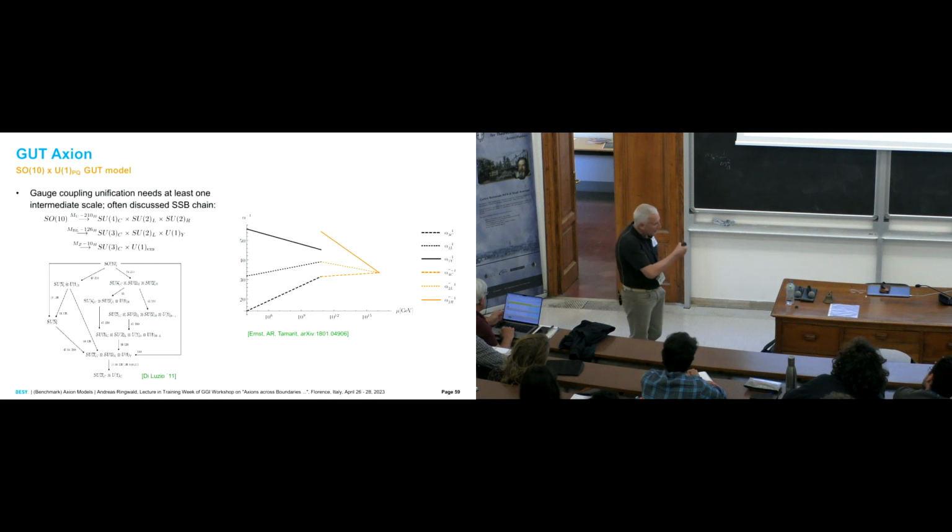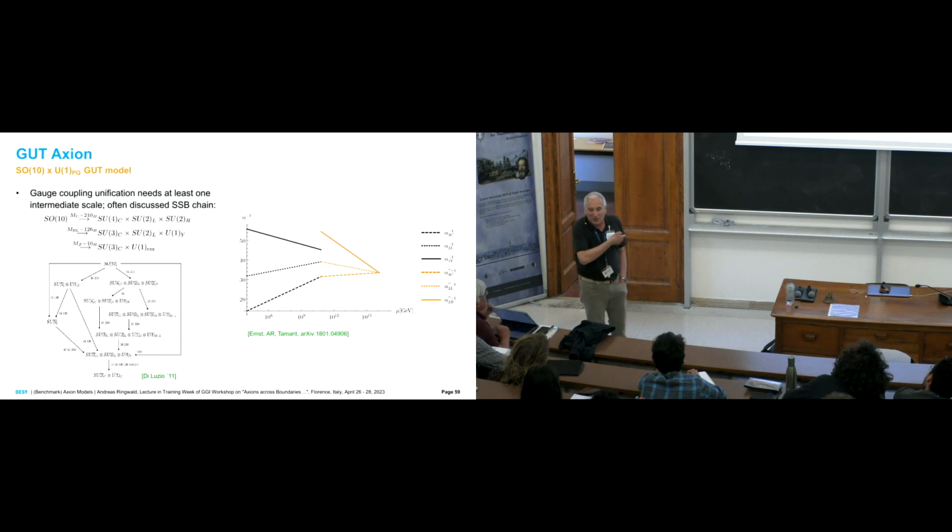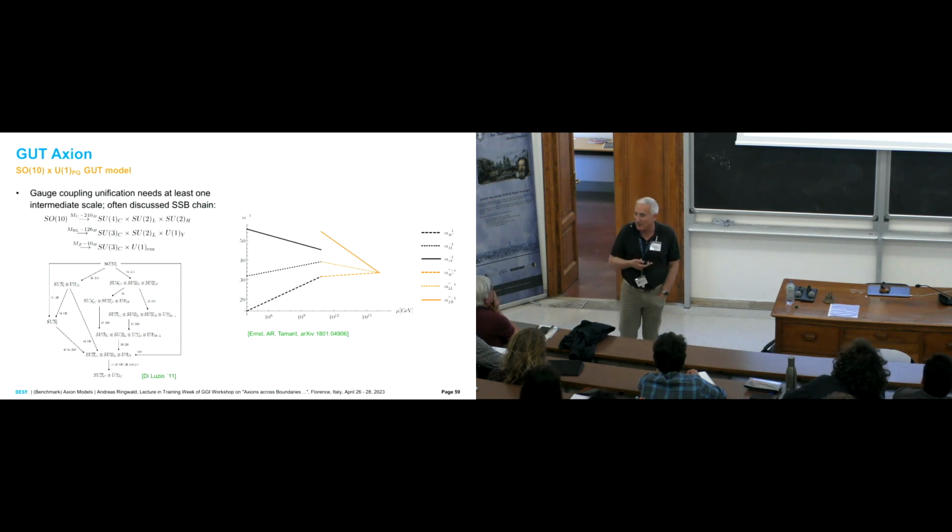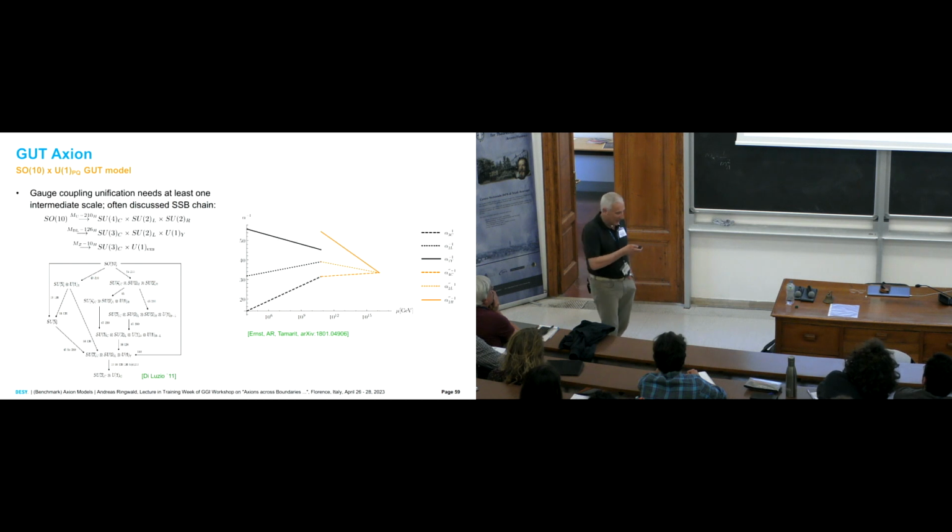And in the models which we have considered, because they always had complete generations, you typically got for the electromagnetic coupling essentially the same result as for the DFSZ model, namely 8/3. So here I've just discussed two things.